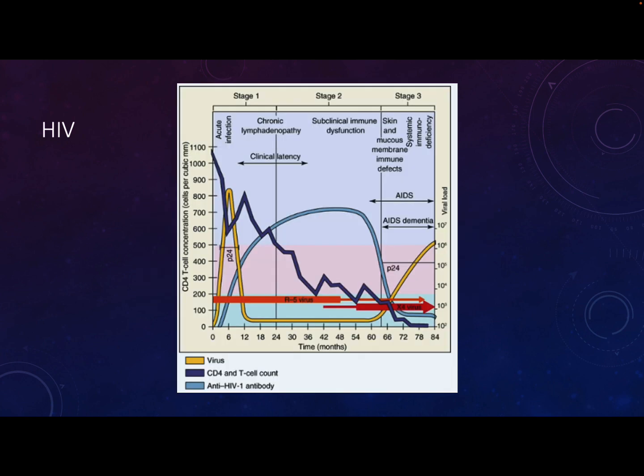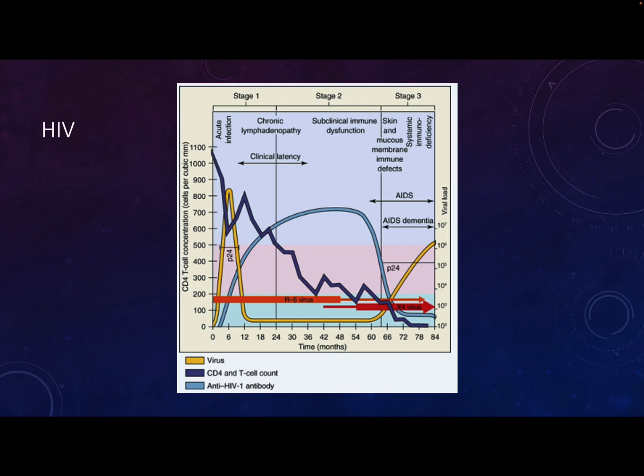So this is the slide that kind of gives you all of those numbers and characteristics that I was telling you about earlier. And so what will happen when a patient is first exposed to HIV, if we look at the yellow line, is the viral burden or the viremia. During the early stages of infection, the viremia, the viral load, will peak.